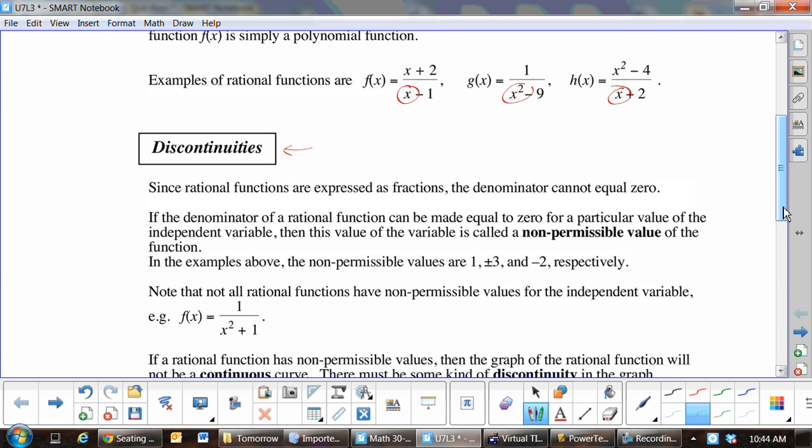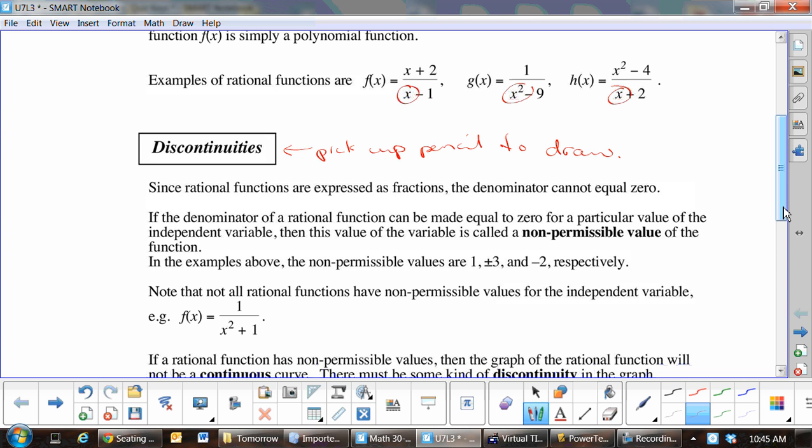To be continuous means you don't have to pick up your pencil. Again, that's the simplest definition I can give you. But if you're drawing it and you have to pick it up, it is discontinuous. And I can guarantee you that if it's a rational function, it will be discontinuous.